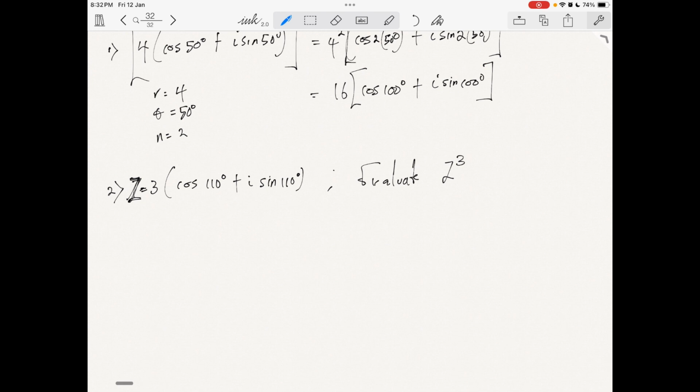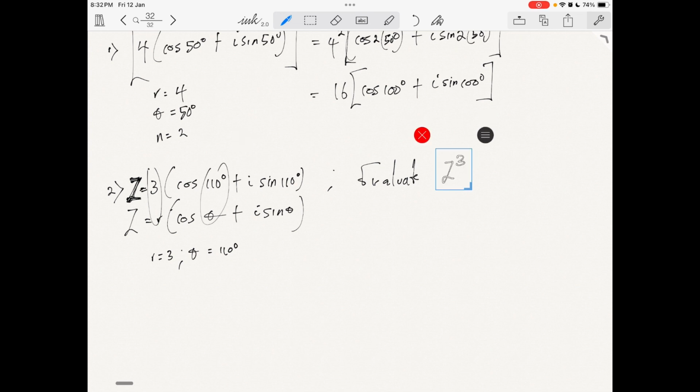Now, we are going to compare z to be equal to r cos theta plus i sine theta. Therefore, we are saying our r is equal to 3 as we have here, and our theta is equal to 110 degrees. And we are expected to find z raised to power 3. So our n as the power is equal to 3.